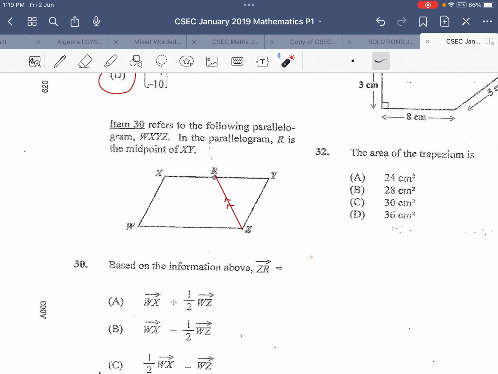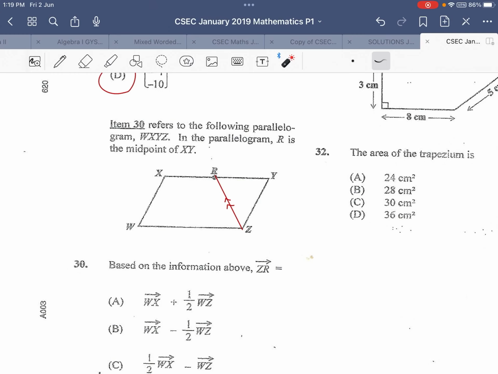Right, so any line of vectors that's going to take it to ZR is going to be correct.